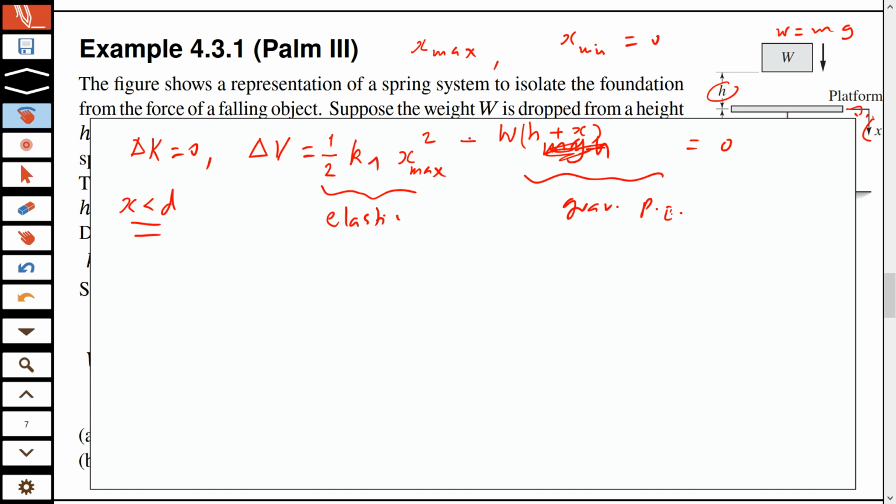And now the question is whether it's plus or minus. So that depends on the reference. So if we take this initial to be our reference, we can take that potential energy to be 0. So the change will now be minus, because it's coming down. So this is now our equation for x less than d.